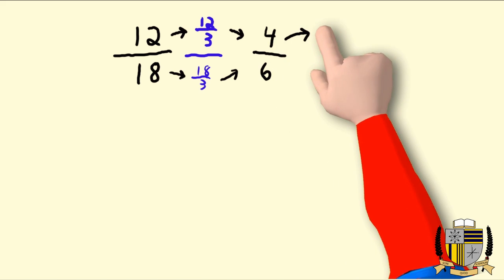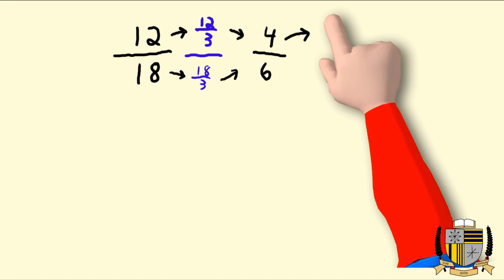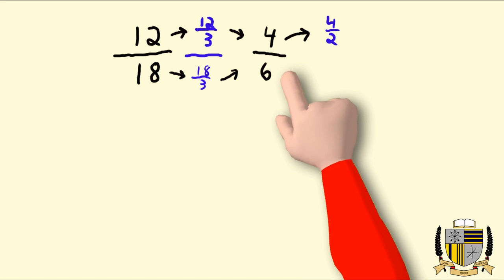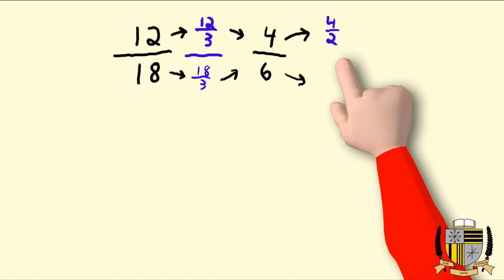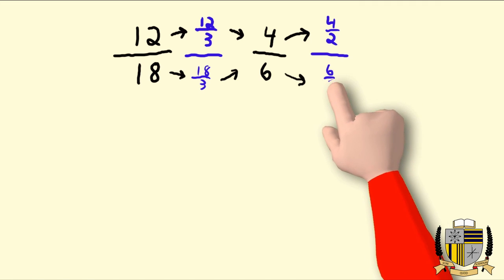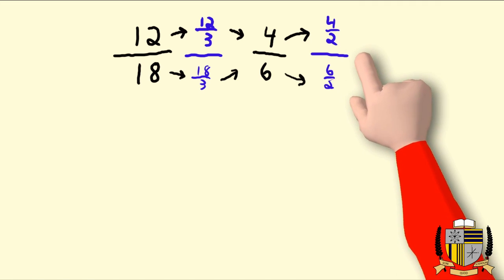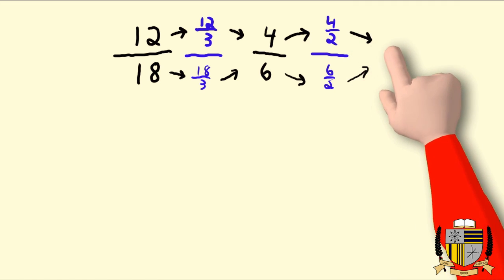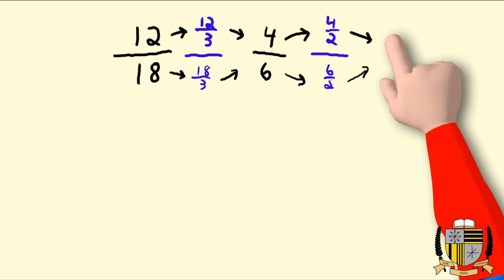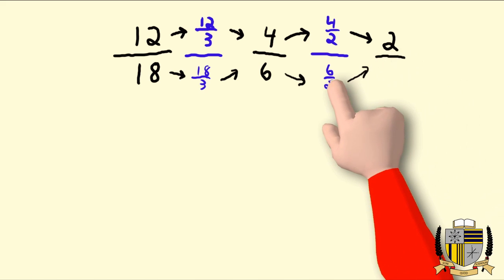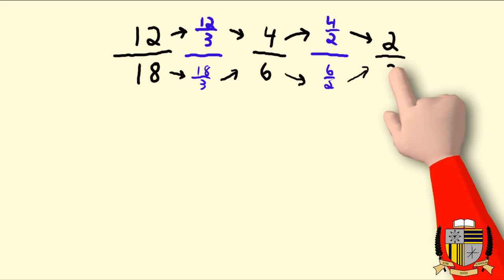So this 4 can be divided by 2, same thing with the 6. The 6 can be divided by 2. And what are we left with? 4 divided by 2 is going to be 2, and 6 divided by 2 is going to be 3.